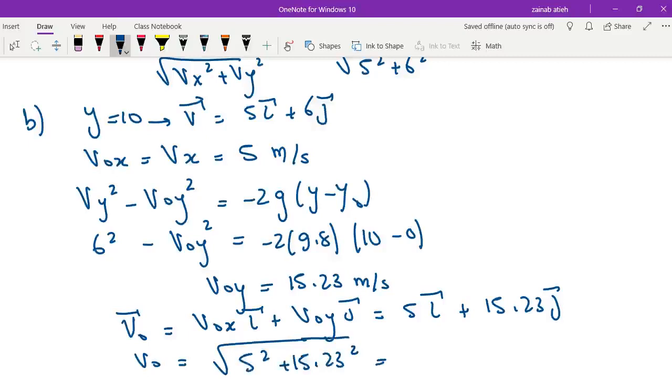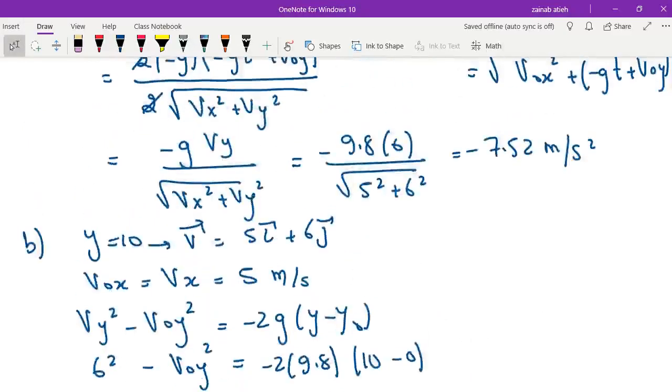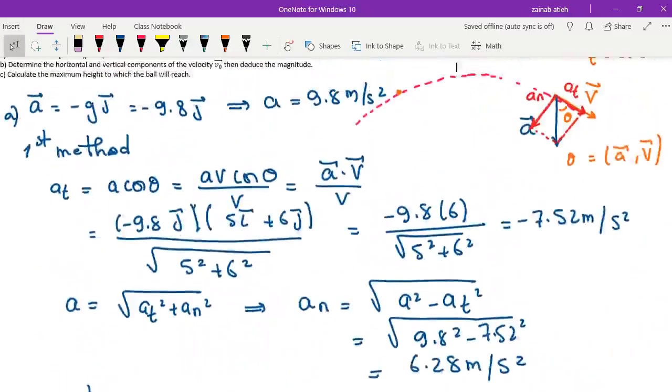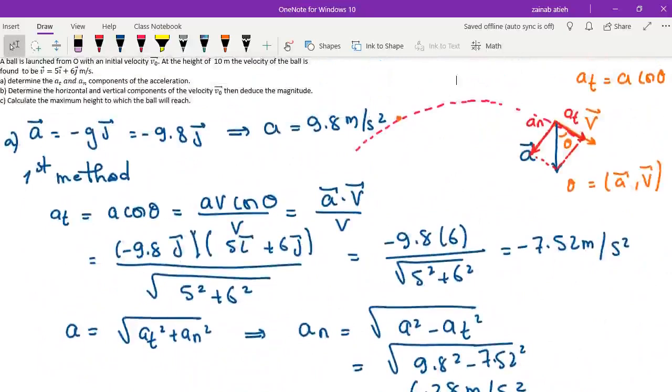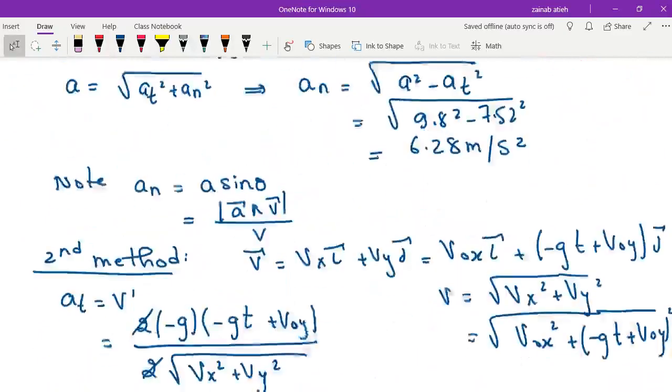Okay, it's 5 squared plus 15.23 squared. It will give me approximately 16 meters per second. And the last part, it says, calculate the maximum height to which the ball will reach. ما تنسوا هيدي projectile, I'm searching for the maximum height.